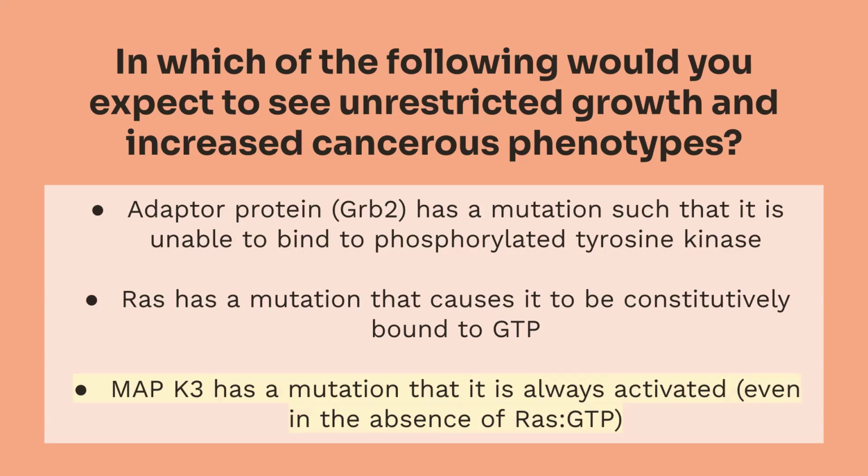So if it's always activated, it's always going to activate MAPK2, which is always going to activate MAPK1, and we're going to see a lot of cell differentiation, cell division. So when she says cancerous phenotypes, that means unrestricted signaling. It means things are overactive. There's too much cell differentiation, too much cell division going on. Make sense?